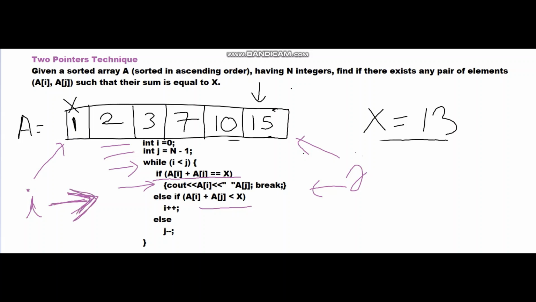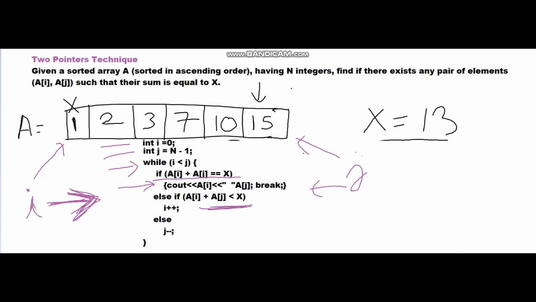Because it is sorted in ascending order, the elements towards the right are bigger than the elements towards the left. Therefore, when the sum is smaller, you have to go towards the right. Else otherwise, if ai plus aj is greater than x, this means that the sum is greater than the required value.